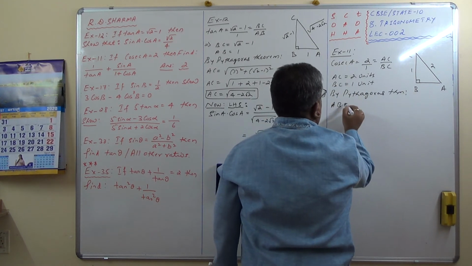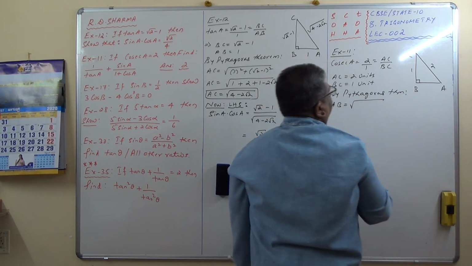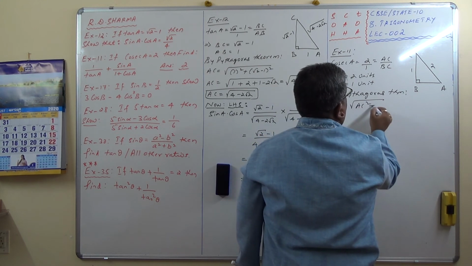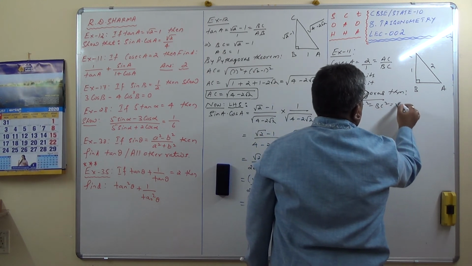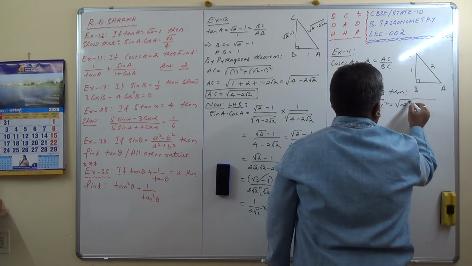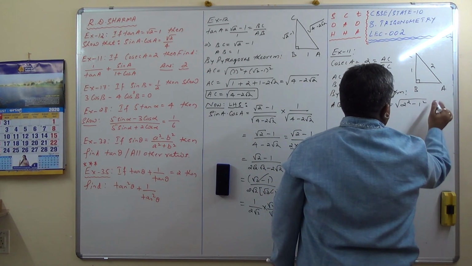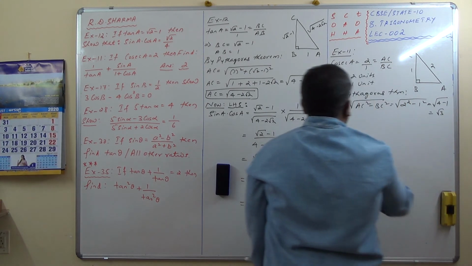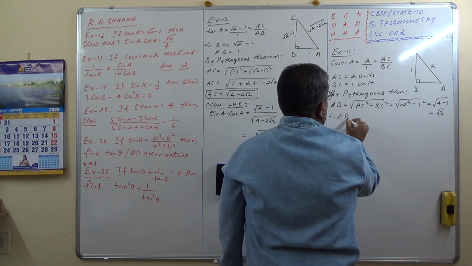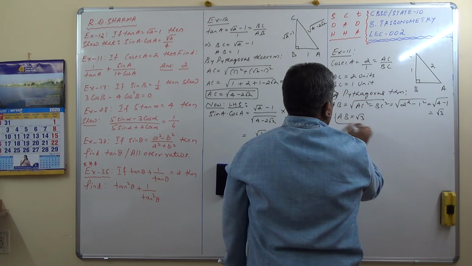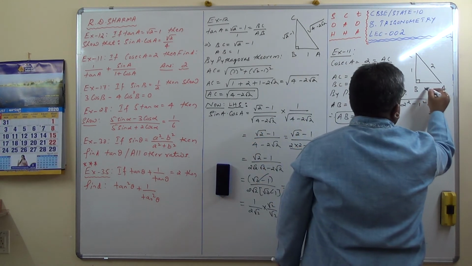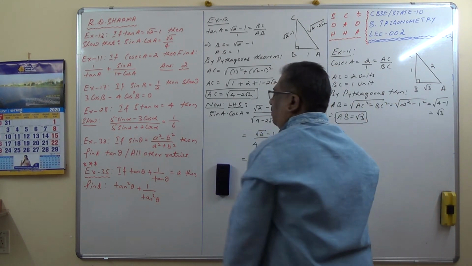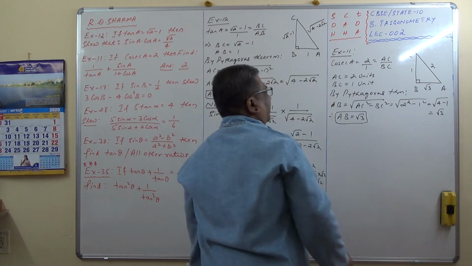AB equals under root of AC square minus BC square, under root of 2 square minus 1 square, which equals 4 minus 1, which is under root of 3. Therefore, AB equals root of 3 here. So this is root of 3. I hope this should be correct. It is correct, root of 3.